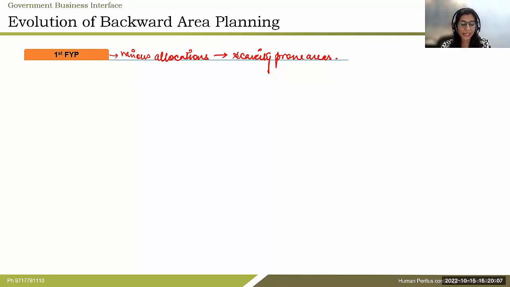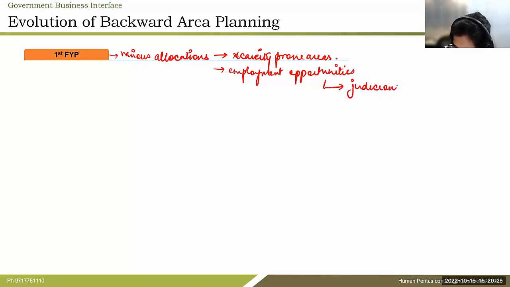Even for balanced regional development, more focus was given to generating employment opportunities there. And how was it done? It was done by judiciously choosing the location of the new industrial units to be set up, the location for industries.